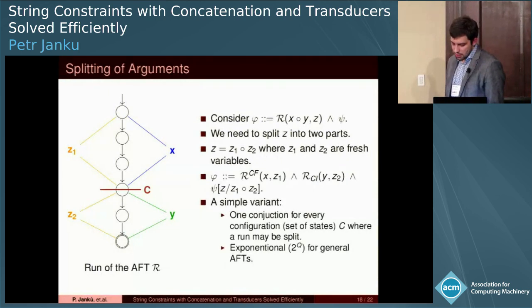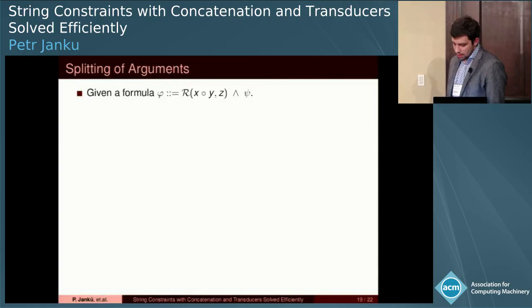A simple way of splitting Z into two parts is this. We make one conjunction of two copies of transducer R for each possible configuration where the run of the original transducer may be split. This would generate exponentially many conjunctions, which we can do better with alternation. Instead of creating exponentially many transducers, we create only one transducer, which is the conjunction of two copies of the original transducer.